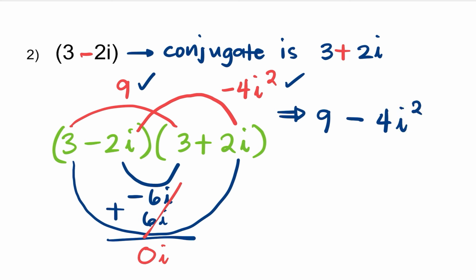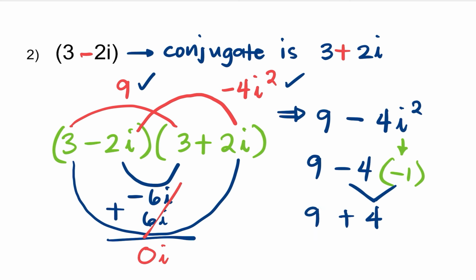And we substitute the value of i squared, which is -1, and we drop everything in this expression. So we have -4 times -1, which is +4, plus 9, which is equal to 13.